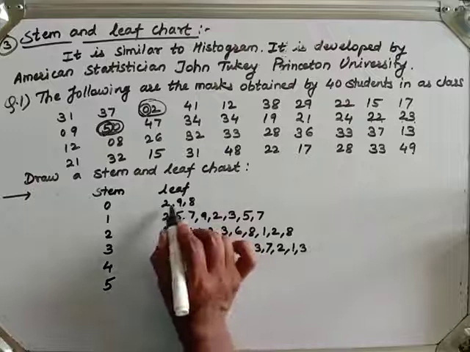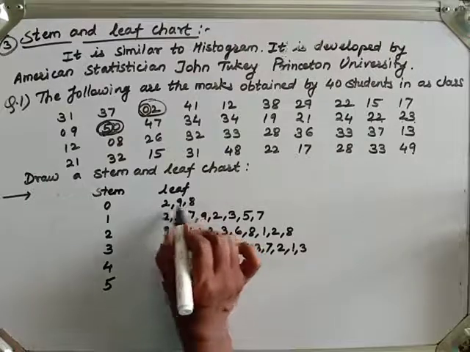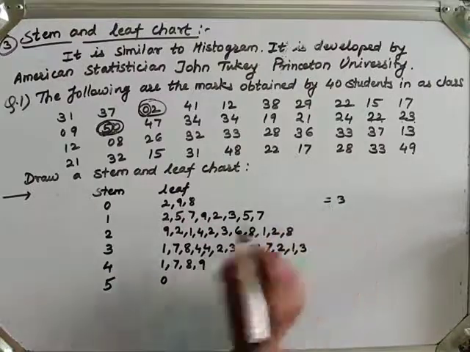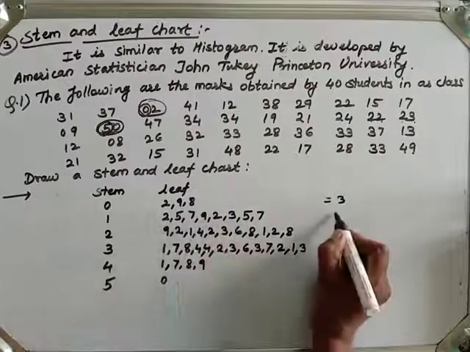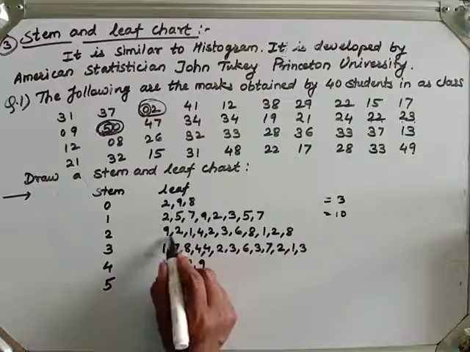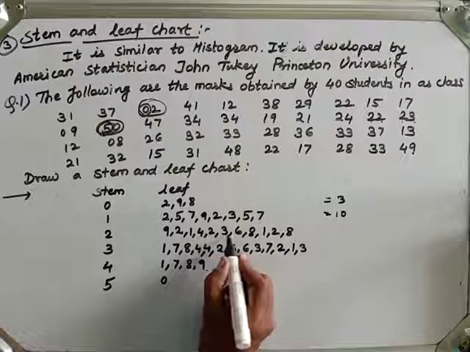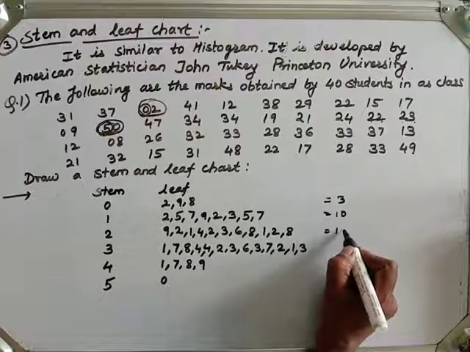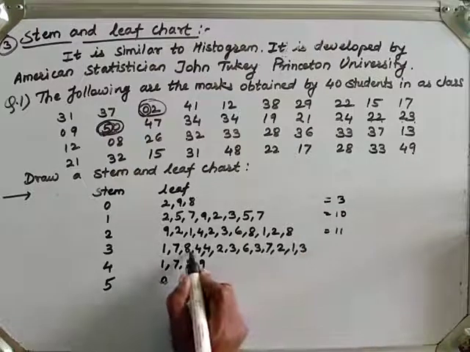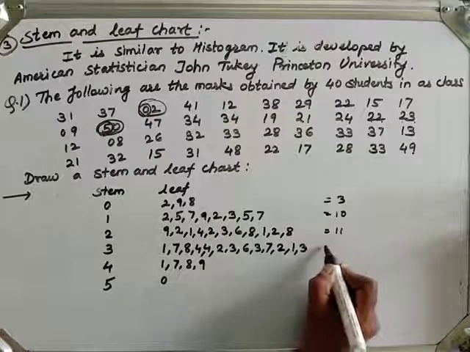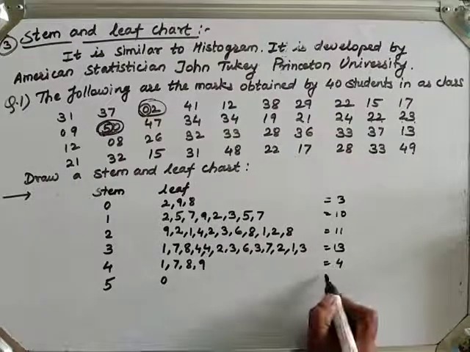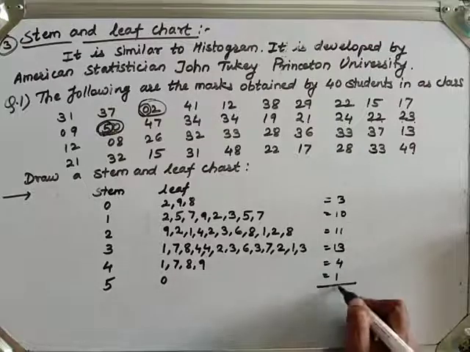And if you have a doubt, you can count these leaves. These are 3. These are 10. So these are how much? 11. Then 13. These are 4 and 1. And you can do this sum.